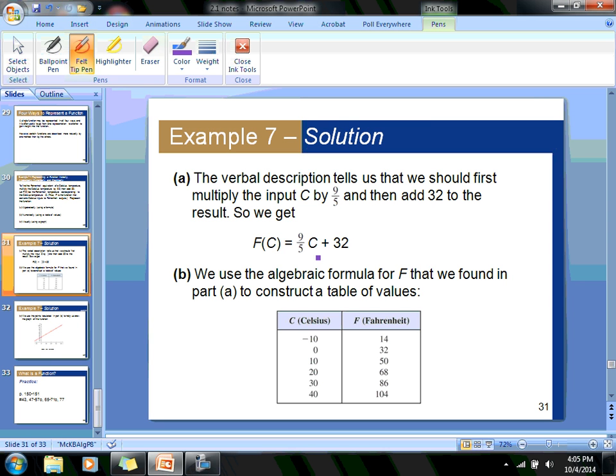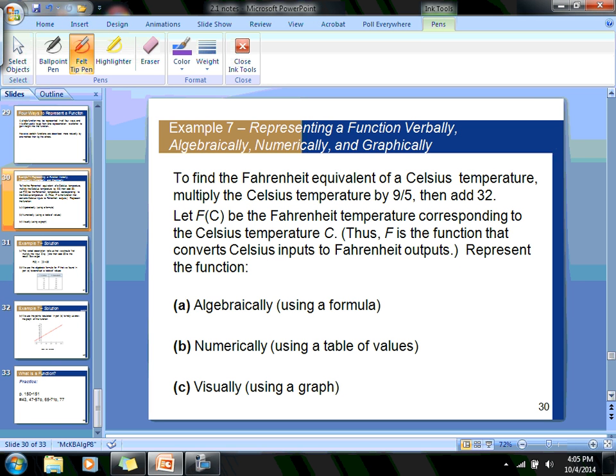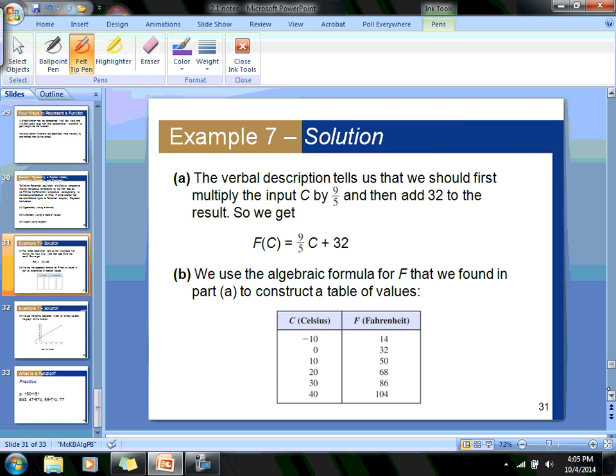And then part B, on the previous slide, wanted us to represent this information numerically. So that's using our table of values. So there again is that table of values. And if you needed to get this information, I would go to your graphing calculator and type in y equals 9/5 x plus 32.